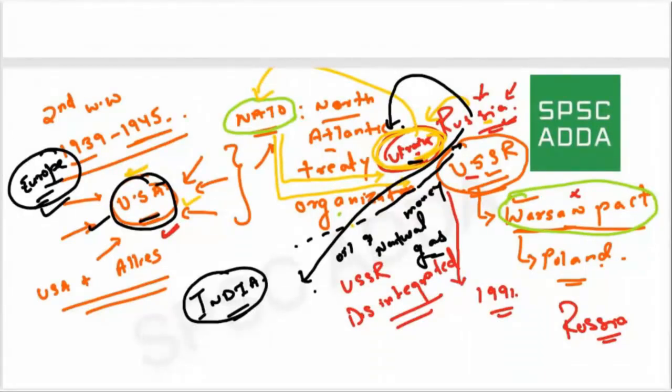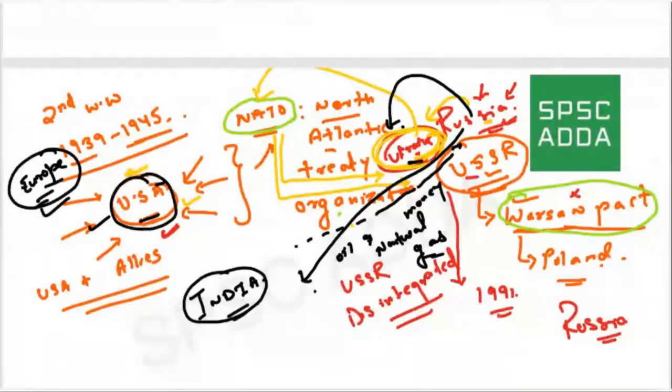India enjoys internal sovereignty as well as external sovereignty. Write down internal sovereignty. India can take any decision or create any law which would be binding on every individual and institution, and this can be done without any interference.